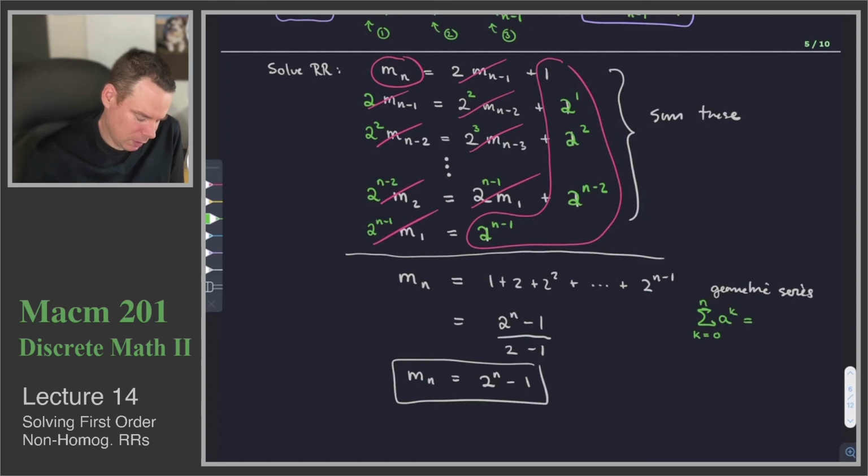I can sum up to n minus 1, but you might be more familiar with it if the sum goes up to n. This becomes a to the n plus 1 minus 1 over a minus 1. So that's our general sum of a geometric series.